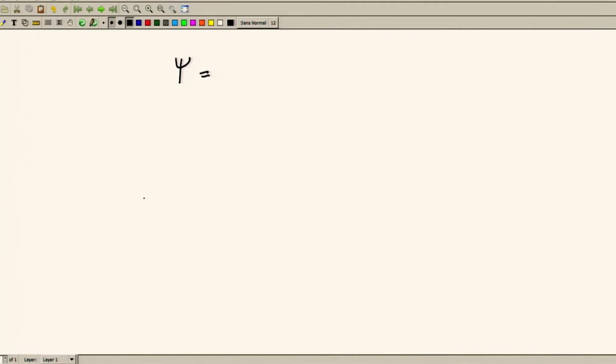Okay, so to start with we have psi equals log of rho e to the power minus jkz. So this is the psi function that has been provided in the question.